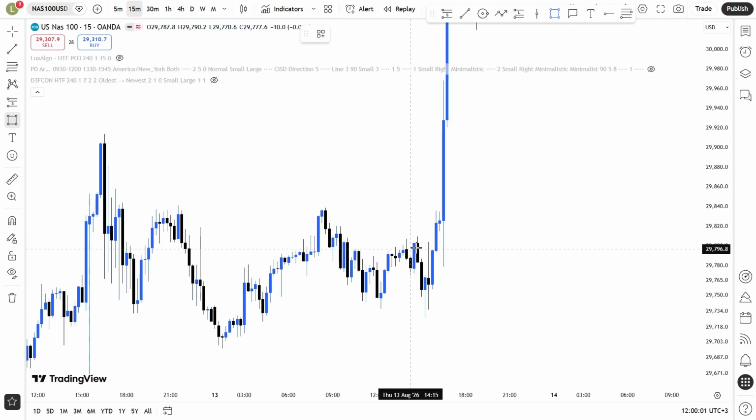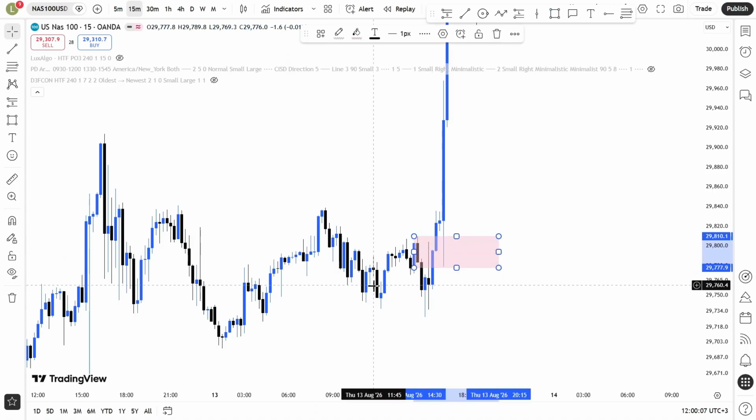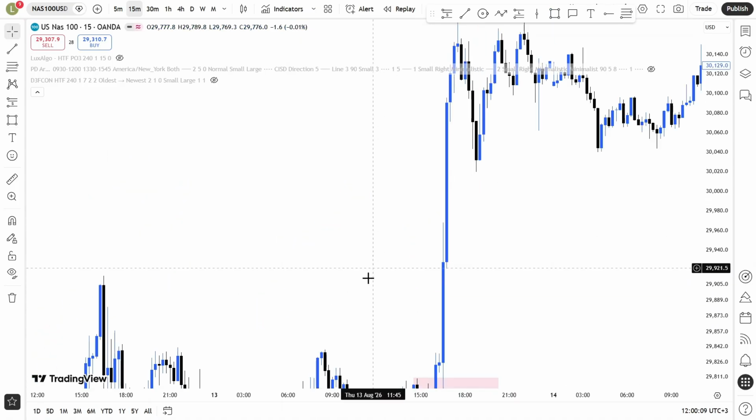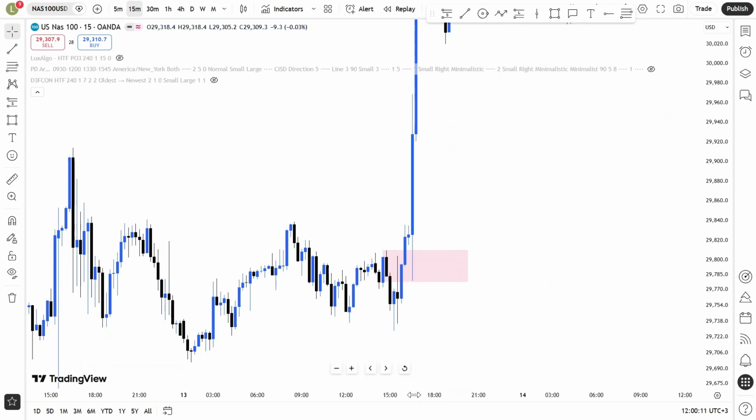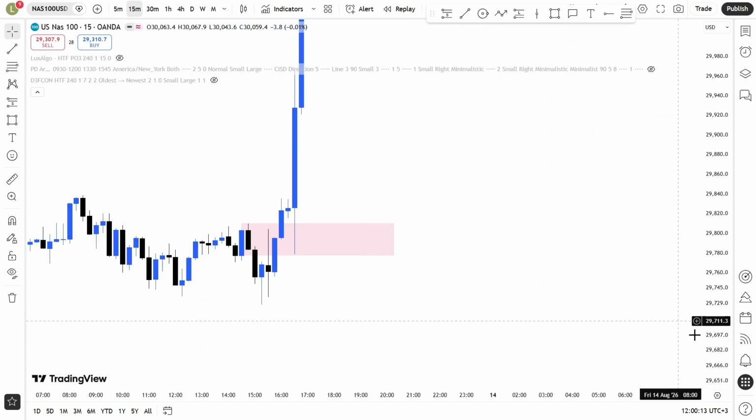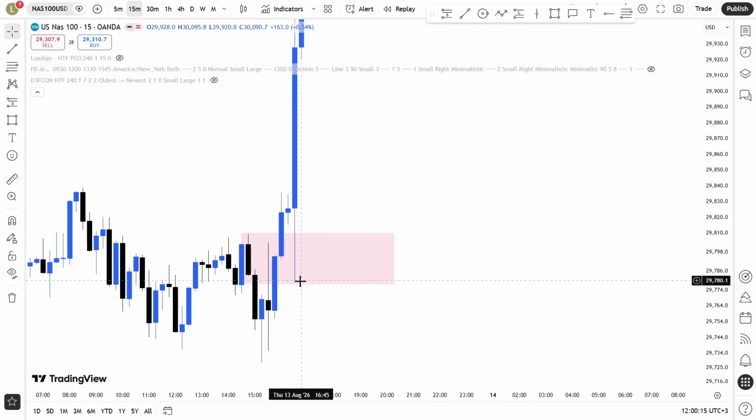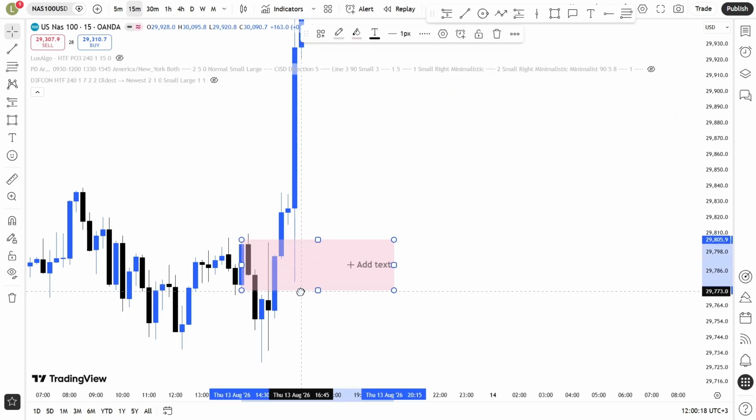Price is trying to retrace a little bit up. What happens? We put in this order block here, the last buying candle. Now we know that when price retraces back into this candle here, it's supposed to do what?